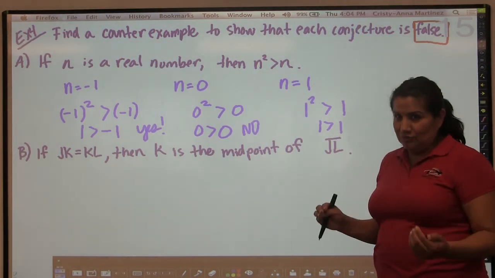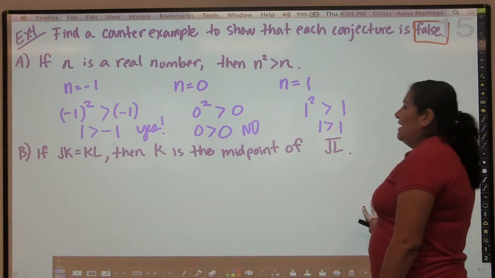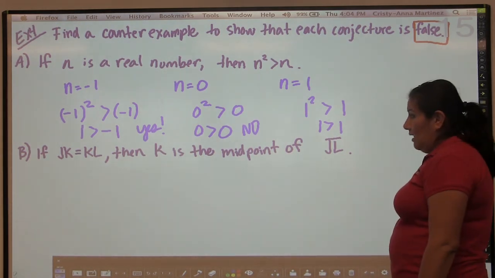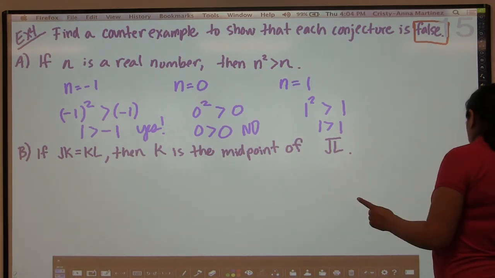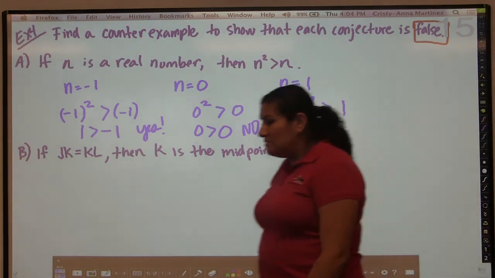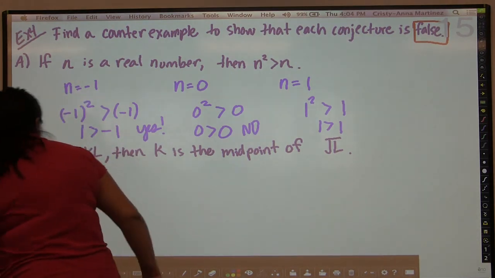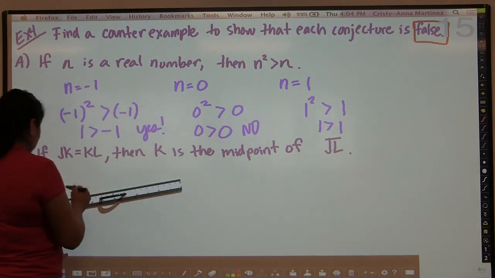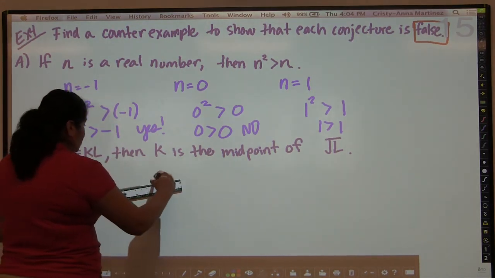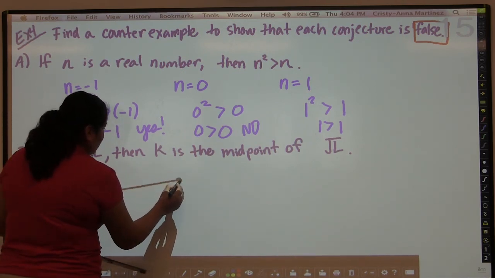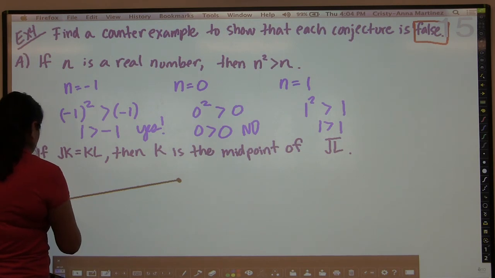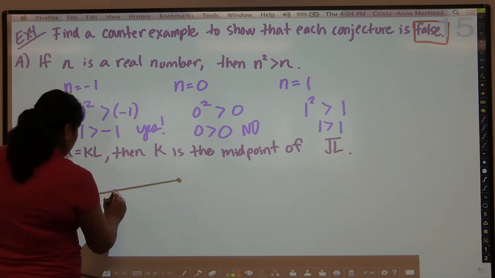It is not true. So part B says, if JK equals KL, then K is the midpoint of JL. And this sounds very true. In fact, I can draw you some examples of how it is true. I can draw a segment, and that's what they're playing on. They're playing on you not reading into the problem. You always have to think tricky, okay, when you come to these little guys.